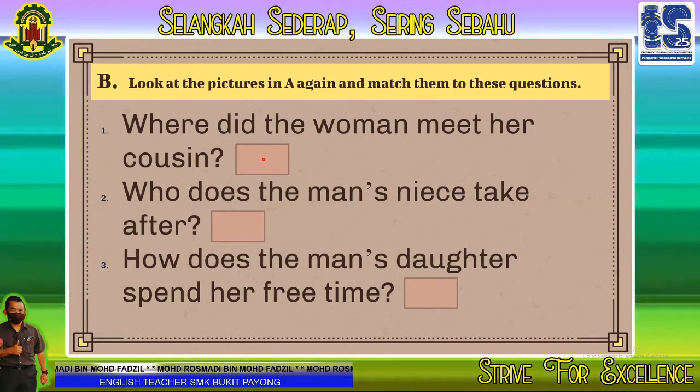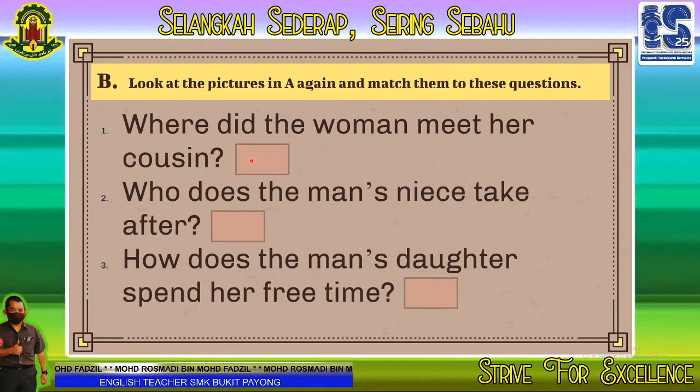Okay, kita tengok jawapan ni dari gambar-gambar dalam exercise A. So tadi exercise A untuk number 1 ni kita kata option 2 kan, yang ada gambar supermarket, car park, library. So number 1 ni kat mana? Where did the woman meet her cousin? Di mana dia jumpa sepupu dia? Supermarket kah? Car park kah? Library kah? A kah? B kah? C kah?